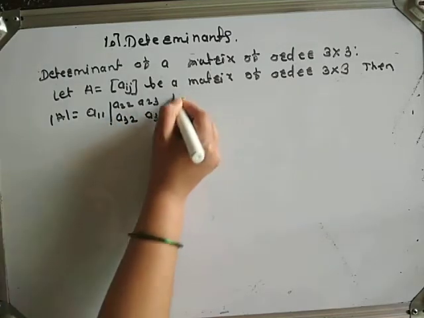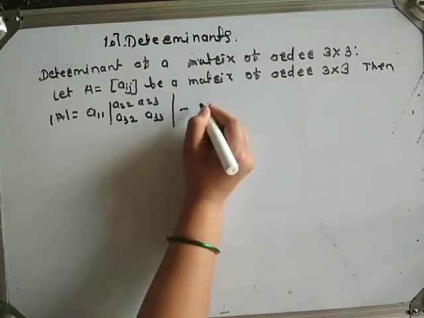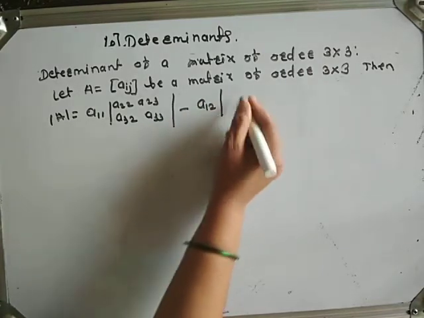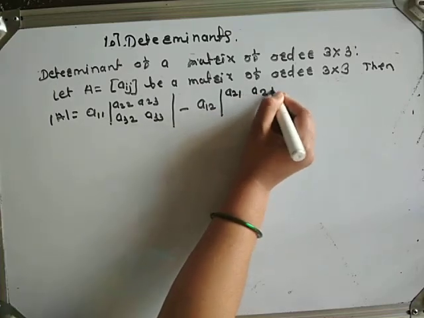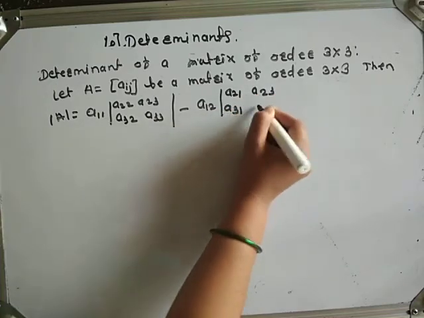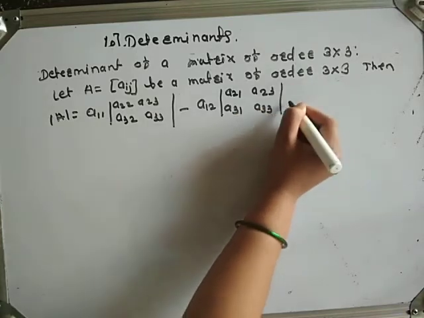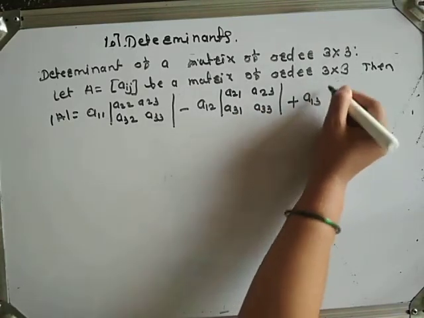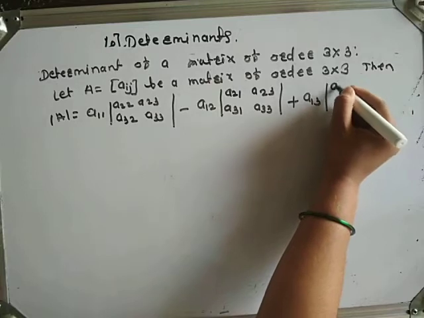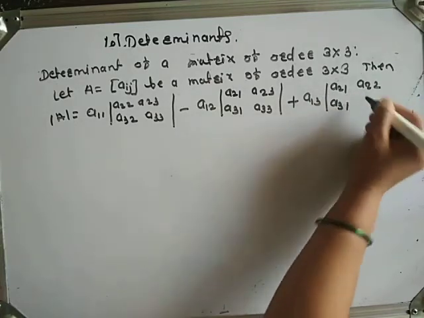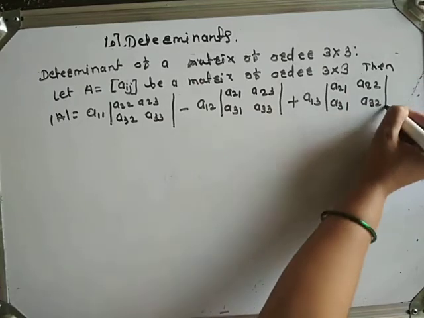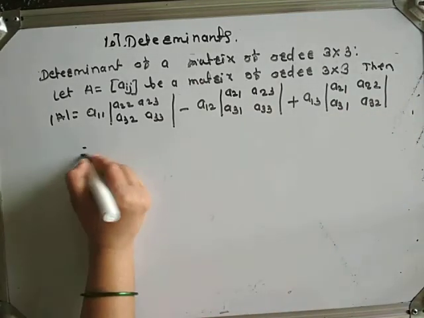I will explain this formula in detail in the next note. Minus A12 into determinant of A21, A23, A31, A33, plus A13 into determinant of A21, A22, A31, A32.